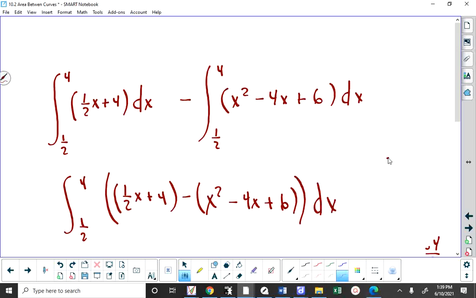In other words, rather than anti-differentiating both of them and then calculating them both and subtracting, we can subtract the functions first and then anti-differentiate one function.